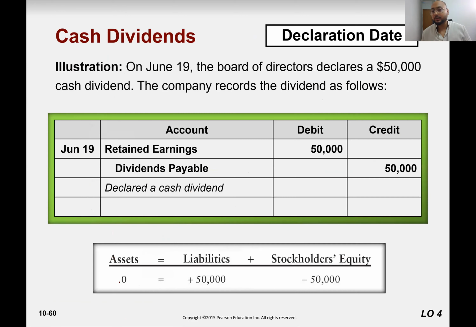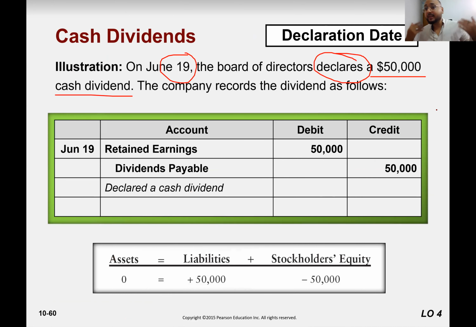So we have an illustration so that you understand. On June 19, the board of directors declared a 50,000 cash dividend. Declared. It means they didn't pay the dividend. So it means they are obligated to pay. Pay later. You create a liability.